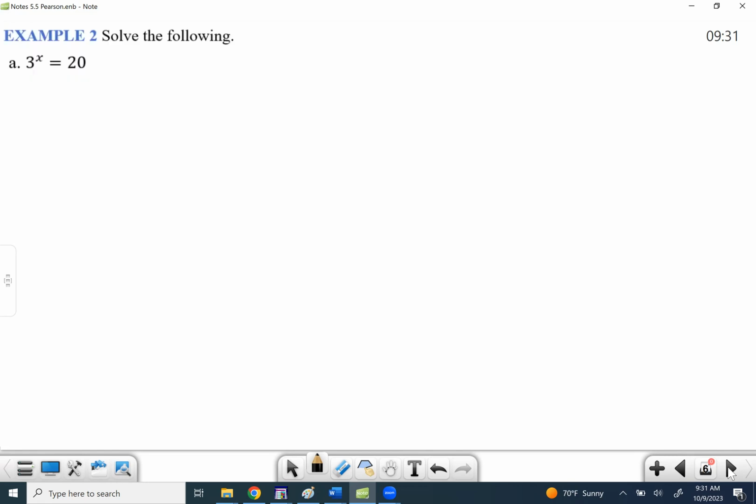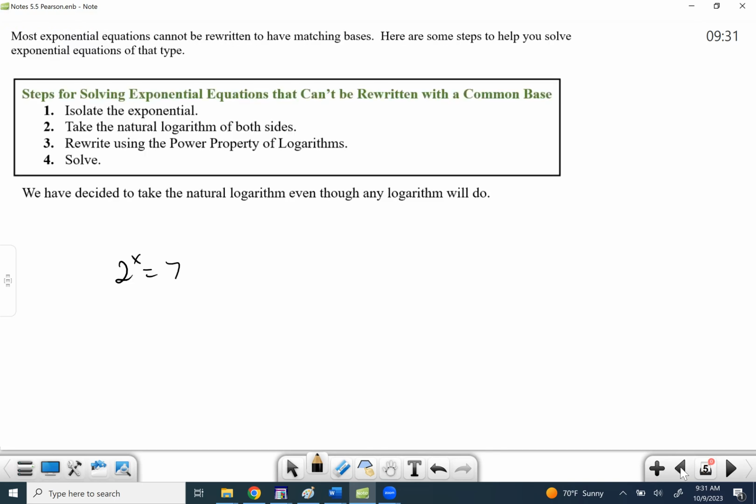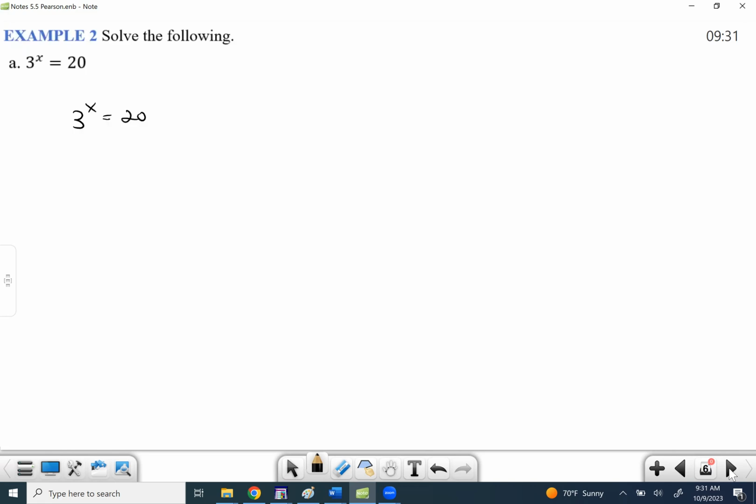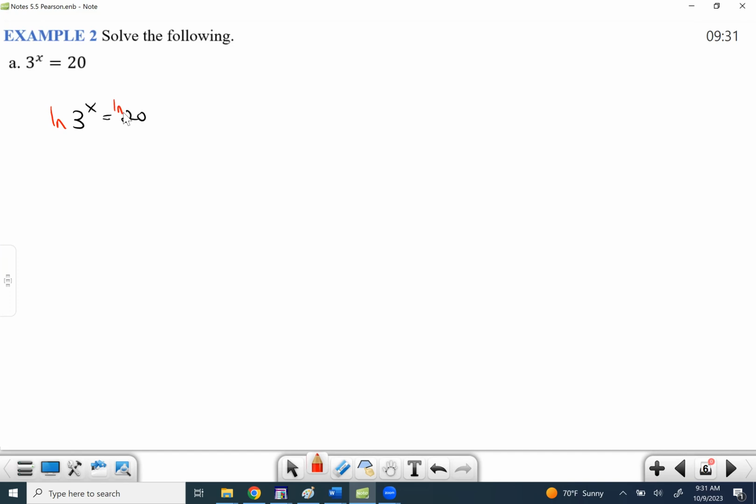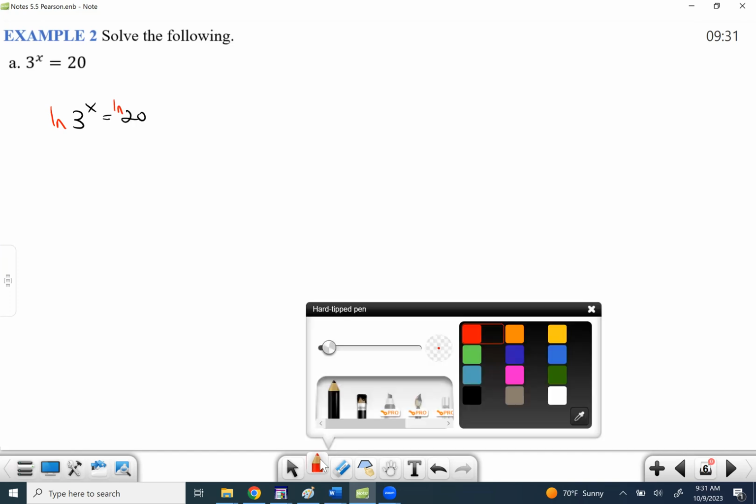Okay, so step 1 is to isolate the exponential. Well, in our case, the exponential has already been isolated. So the next step, go back to step 2, we're supposed to take the natural log of both sides. So we're going to go ahead and natural log both sides. Now the reason why we're natural logging both sides is so that we can get that x out of the exponent.